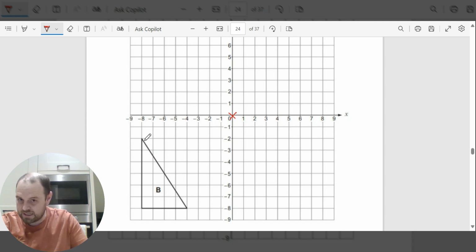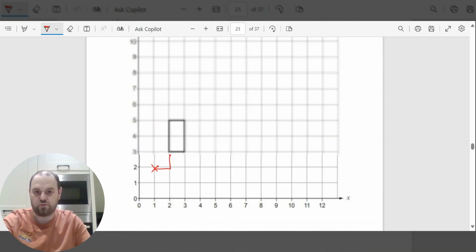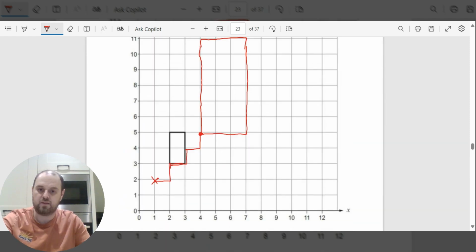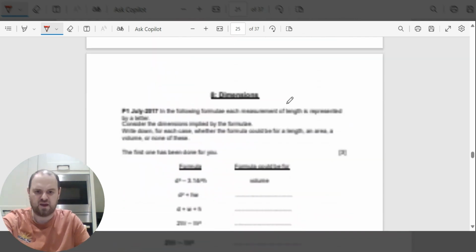So to get from there to there is 8 across and 2 down. Half of that would be 4 across and 1 down. That's halfway to there. And now we want it half the size. So it's half as big and half as far away compared to 3 times as big and 3 times as far away. Fabulous, I think.